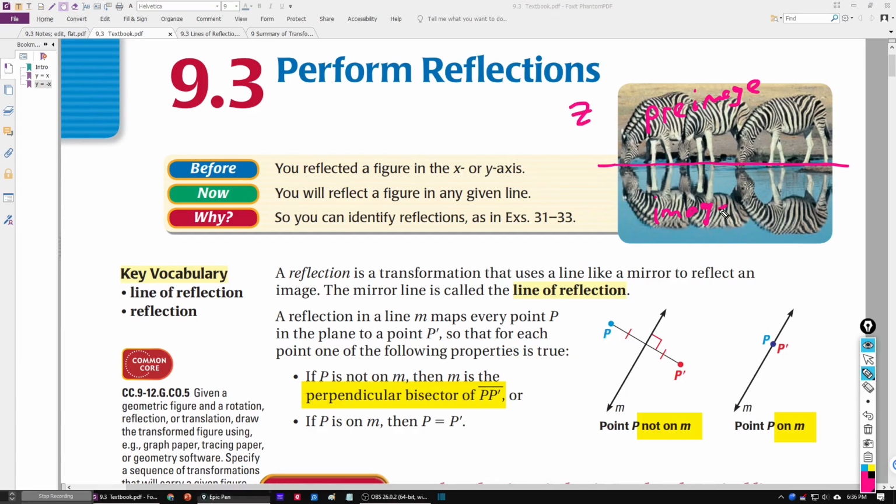If we start with point Z, the top of this guy's ear, that's our pre-image, and it's going to be reflected over this line of reflection to Z prime. When you see the prime, think of the word image. So the pre-image gets reflected over to the image.